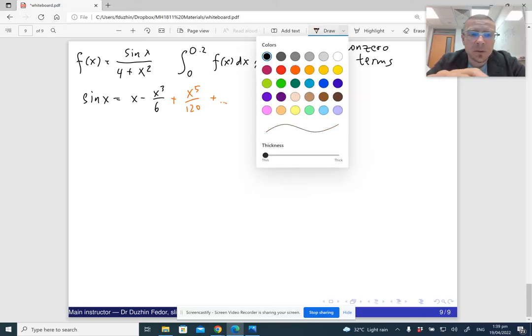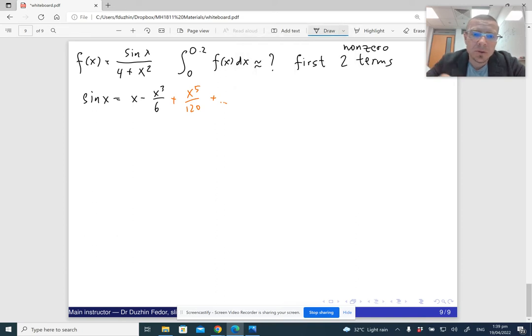Now how about 1 over 4 plus x squared? To find it, we need to apply the geometric progression. 1 over 1 minus x is 1 plus x plus x squared plus x cubed and so on.